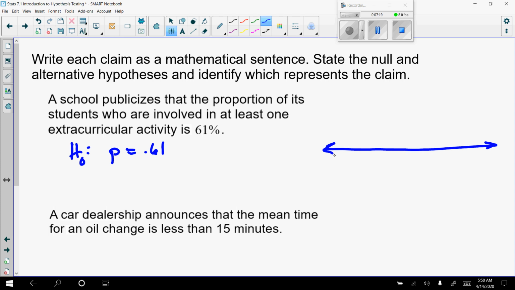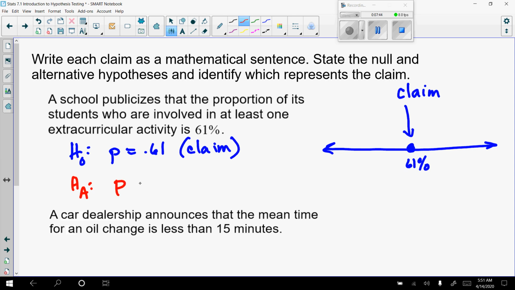This represents the claim. That means that the alternate hypothesis would be that the proportion is not equal to 0.61.